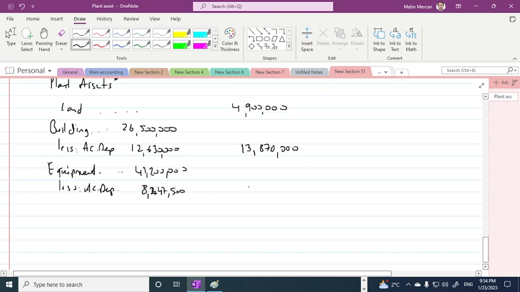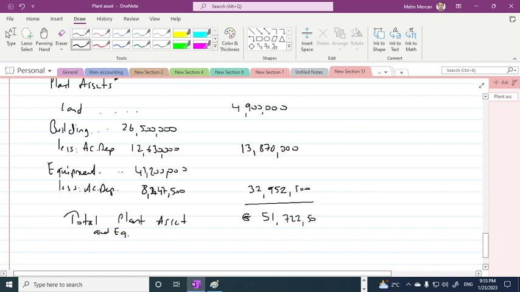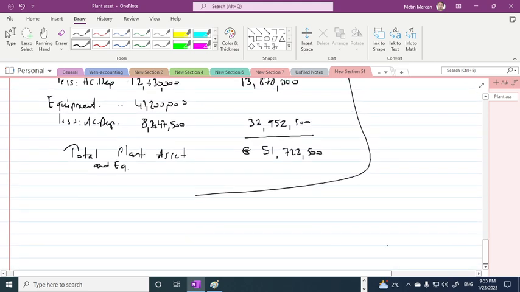So you find $32,952,500. So this is our total plant assets, or plant assets and equipment, you can say like that, doesn't matter. So it is $51,722,500. This is our balance sheet.